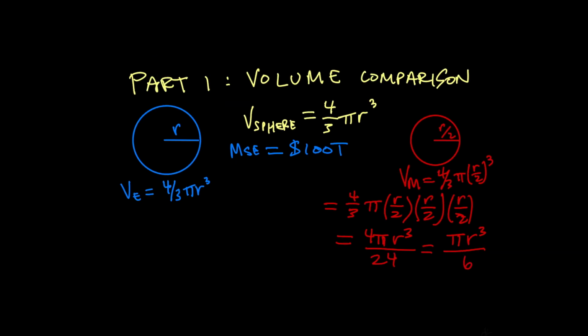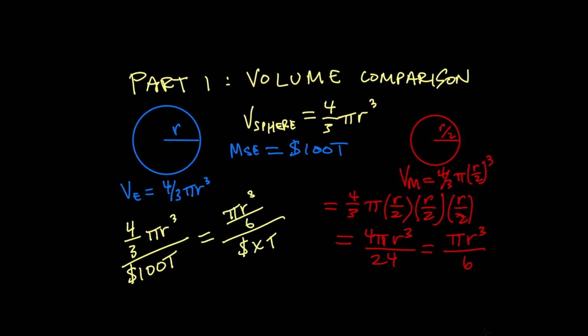Now we can set up a simple equation where we simply cross multiply and solve for x. So on the Earth side of the equation, we have 4/3 pi r cubed divided by $100 trillion. And on the Mars side of the equation, we have pi r cubed over 6 divided by x. Now we can just cross multiply and solve for x.